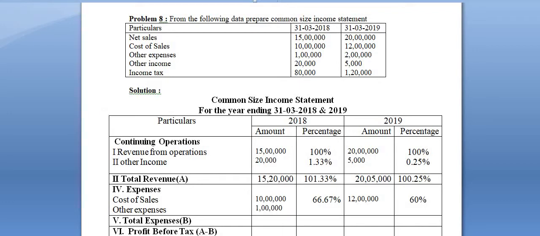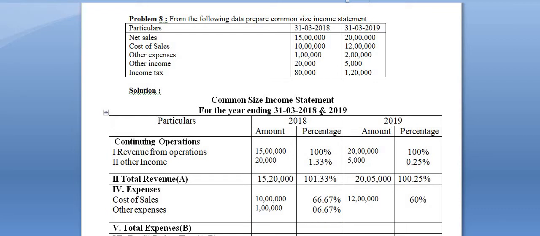Okay, percentage: 1 lakh divided by 15 lakh into 100 is equal to 6.67 percent.